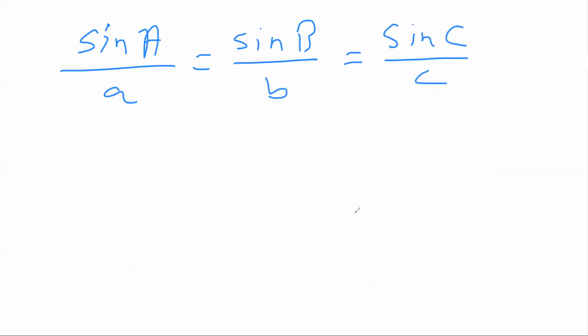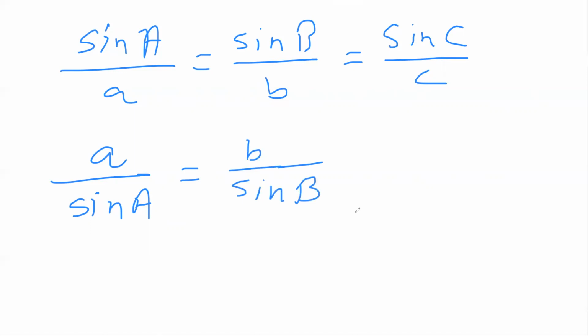Since they are in ratio form, it's still okay if you write them as a over sine A equals b over sine B equals c over sine C, as long as you are not changing their order from numerator to denominator depending upon the ratio. Just follow the same pattern, and this equation that you see here is known as the sine rule.